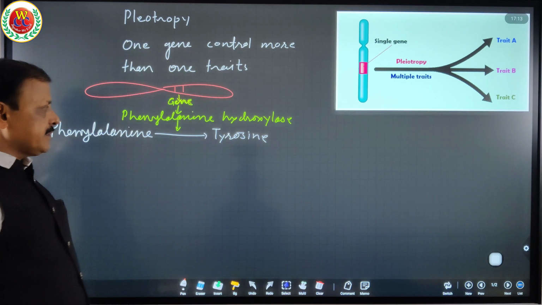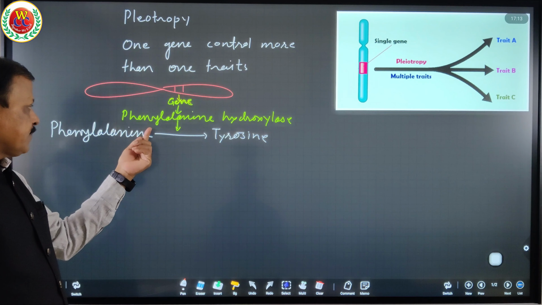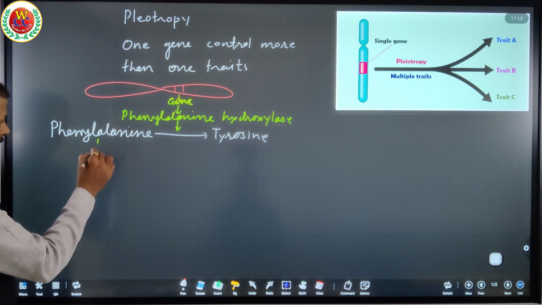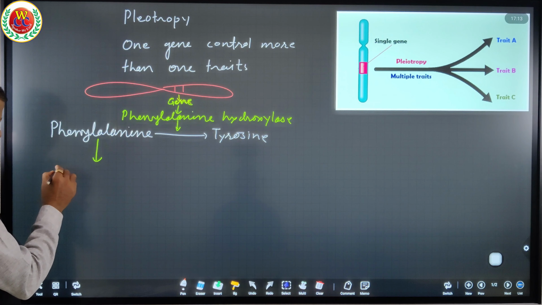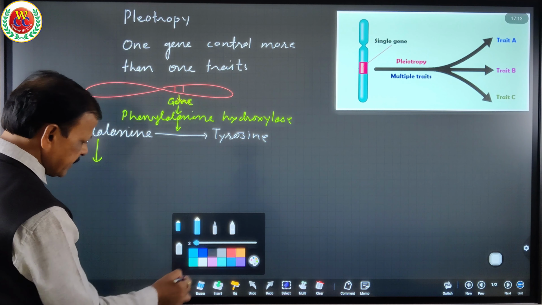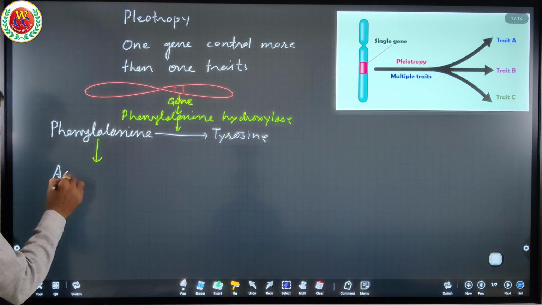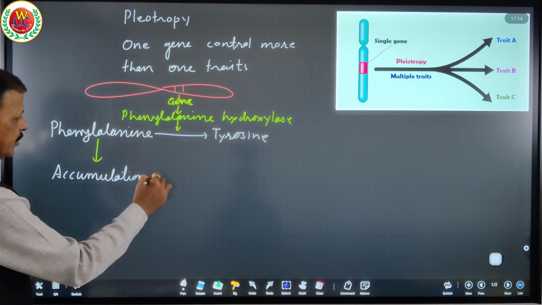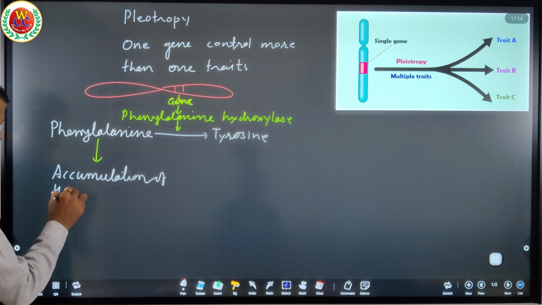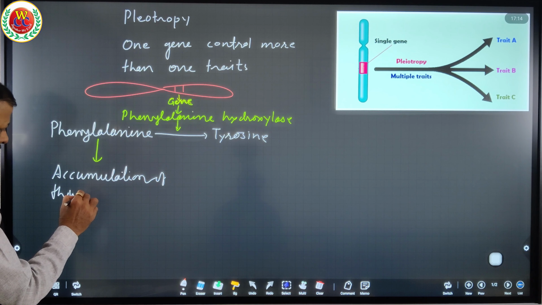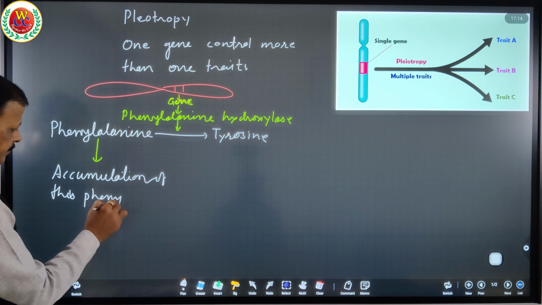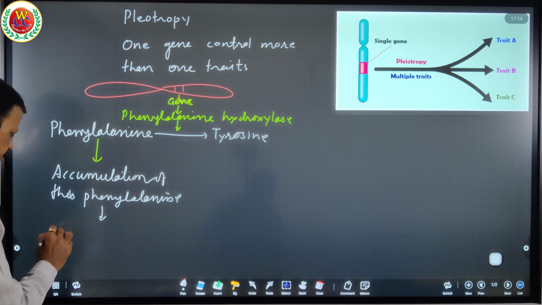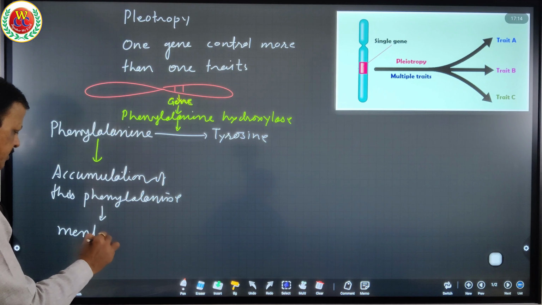If it is not expressed and does not produce phenylalanine hydroxylase, then this phenylalanine will remain as it is and get accumulated in our blood. Accumulation of this substance phenylalanine causes mental retardation.